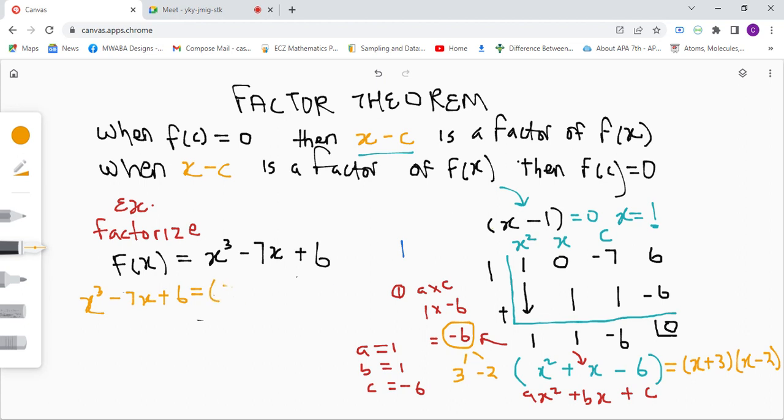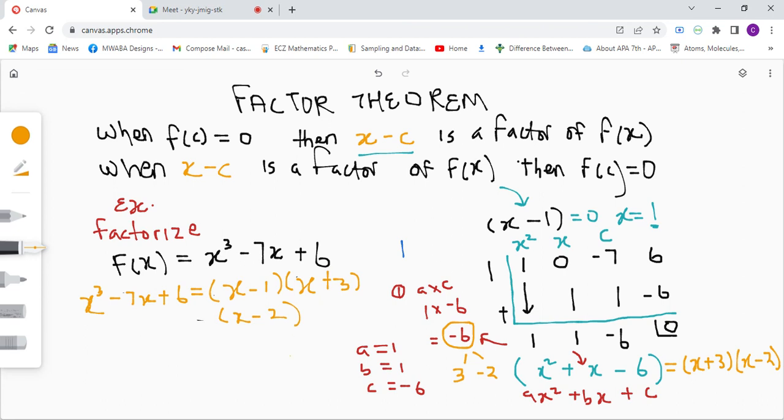The first one is x minus 1. The second one is x plus 3. And the third one is x minus 2.